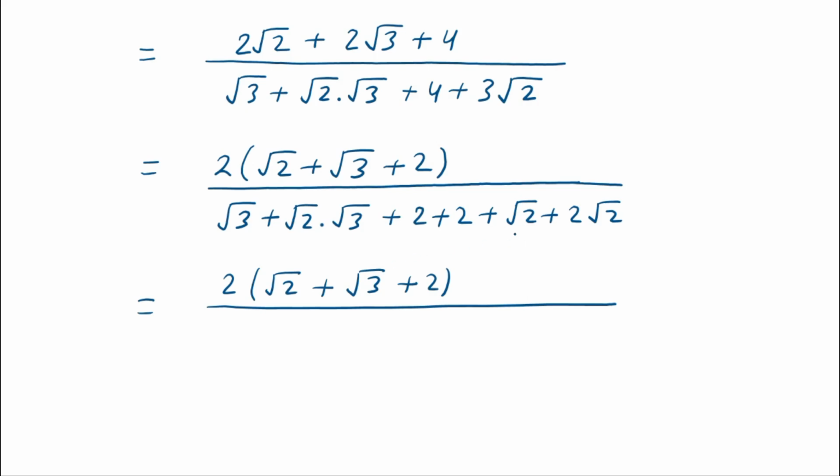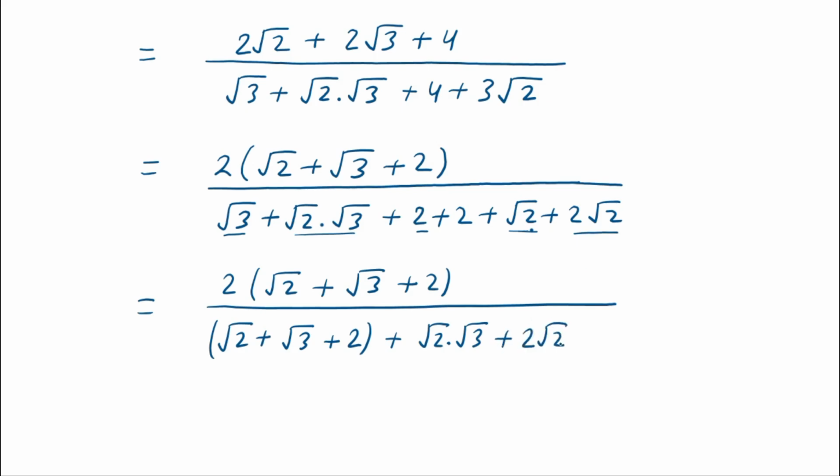Now first we will write this square root of 2 plus this square root of 3 plus this 2, and then we will write square root of 2 times square root of 3 and 2 times square root of 2, and here we have 2, and we can write this 2 as a product of square root of 2 times square root of 2.